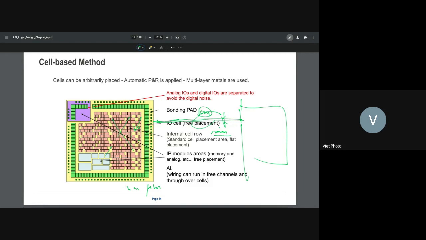There is a cell like the multiplier, because of the high performance, even if there is empty space in there, they don't want anybody to go in, because when we route inside, it will have crosstalk and coupling capacitance. So they don't allow us to use the space inside the cell. Usually it is over the cell, that's the most common.